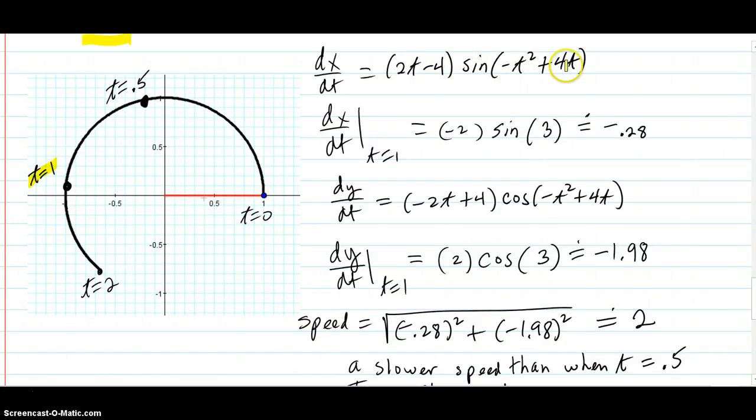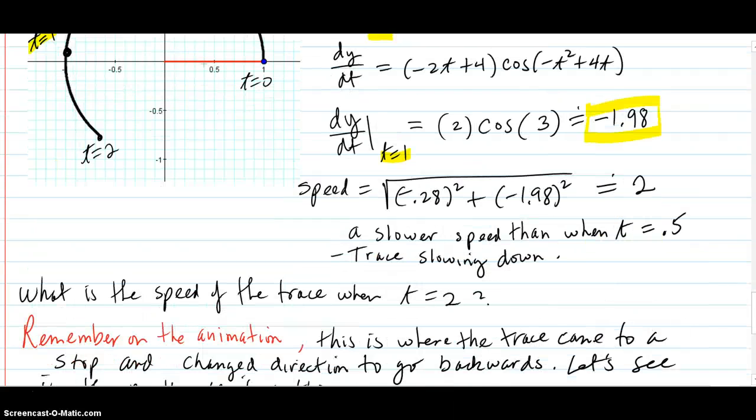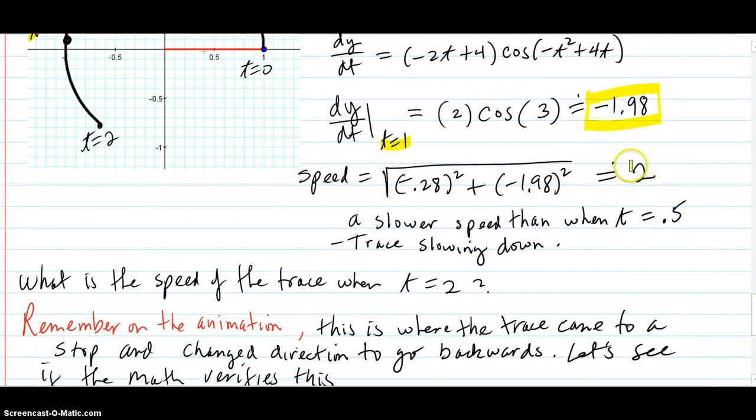So you do your derivative, evaluate at t equals 1, plug it in, and you get approximately negative 0.28 for dx/dt, and for dy/dt, plug in t equals 1, you get approximately negative 1.98, and when you put that into the speed formula, you get 2. Sure enough, that is a lesser number than 3. So it's a slower speed. So the trace is slowing down exactly the way the animation showed it was.